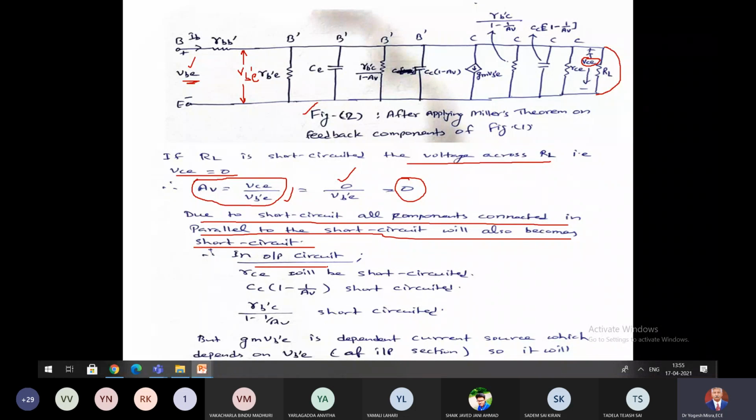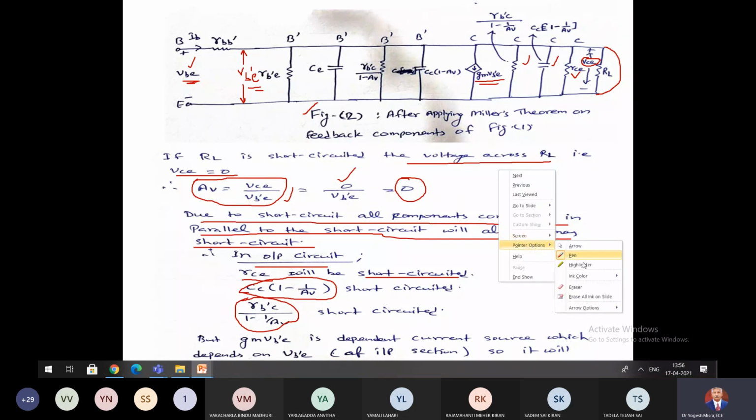So in the output circuit, RCE will be short circuited, this capacitor will also be short circuited, then this resistance will also be short circuited. So all of these three are short circuited. But here this current source depends upon the input side voltage, so it will not be short circuited, right?